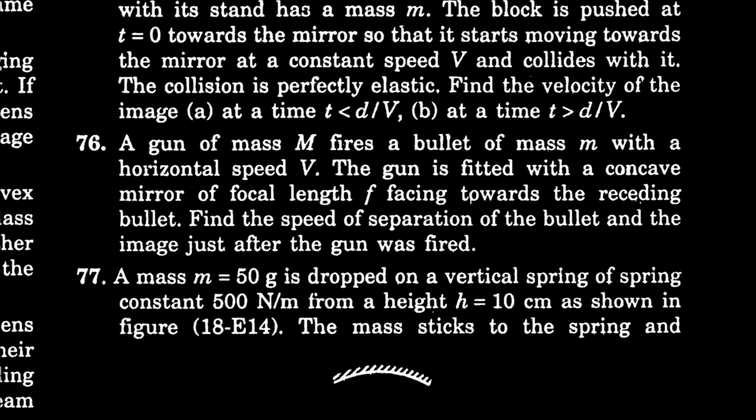In question 76, a gun is given to us. Find the speed of separation of bullet and the image just after the gun was fired. Solution 76. So recoil velocity of the gun can be given like this, by the conservation of linear momentum.